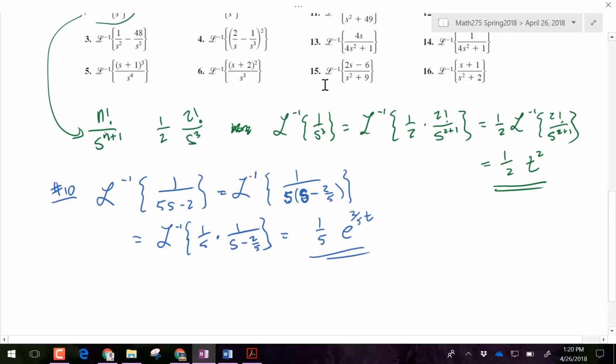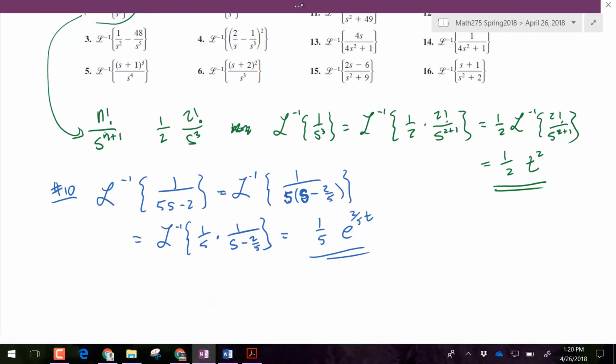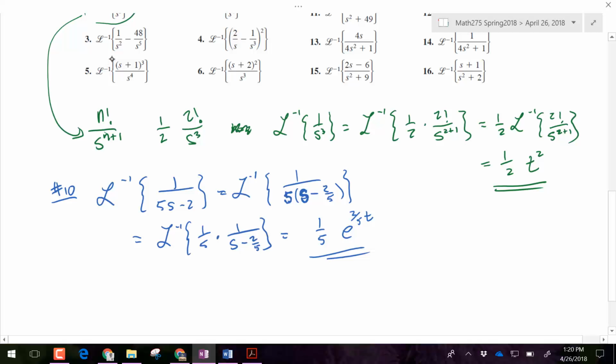Let's do one more. We didn't do any partial fractions here. Let's do number 15. So that's inverse Laplace of 2s minus 6 over s squared plus 9.